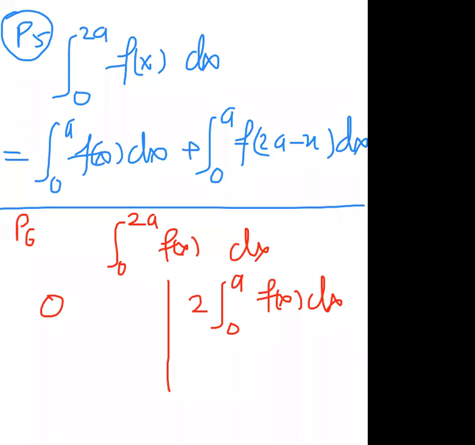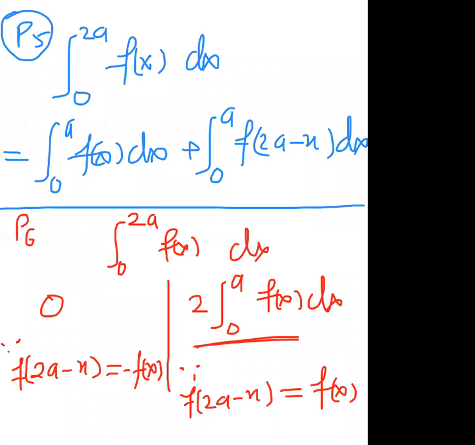Now when it is 0, at that time f(2a minus x) must be equal to minus f(x). If f(2a minus x) equals minus f(x), then only it will be 0. But if f(2a minus x) equals f(x), in that case this question will be like this.